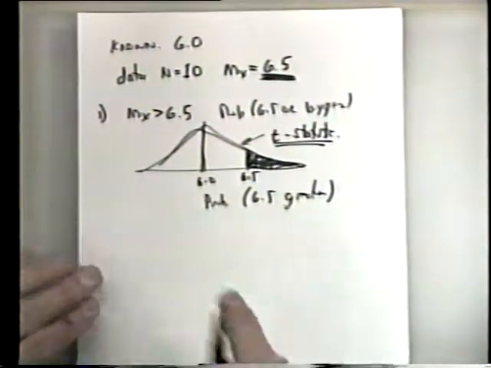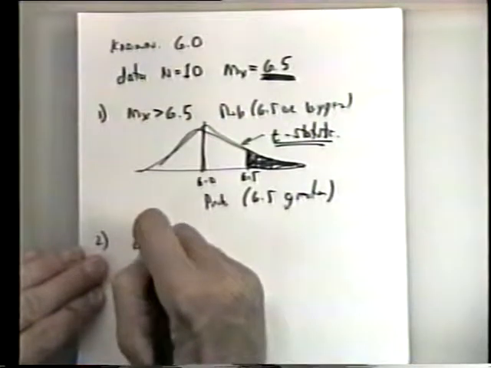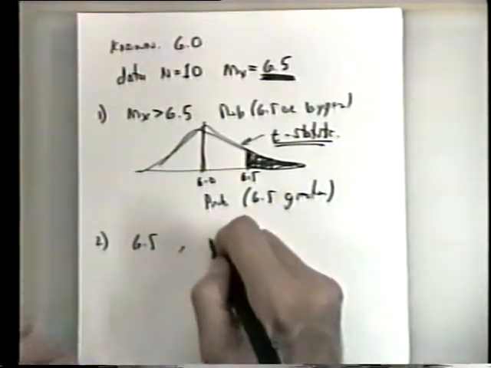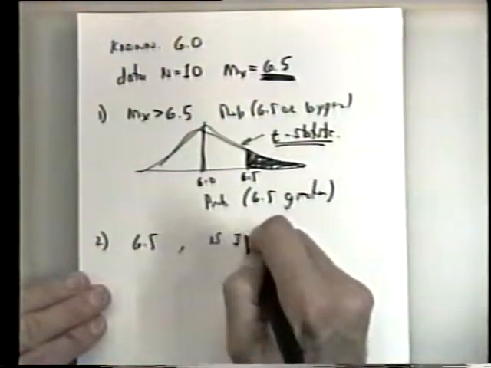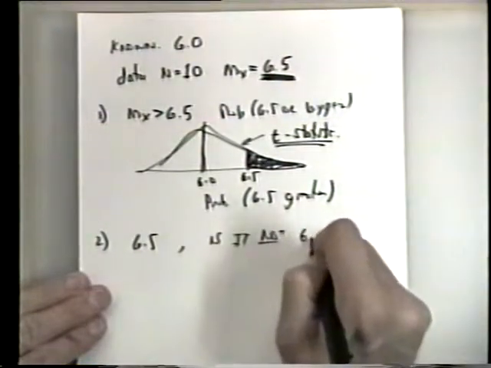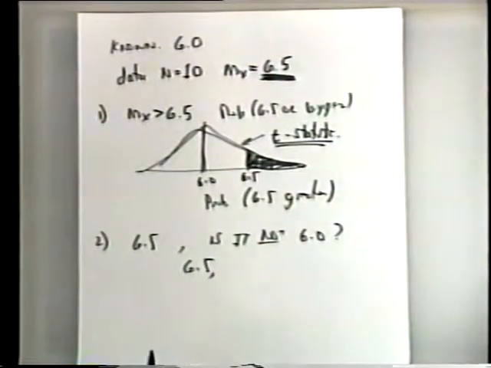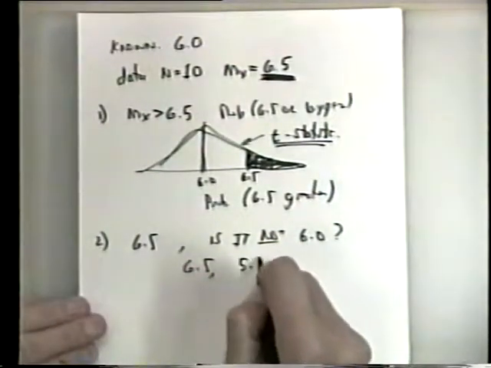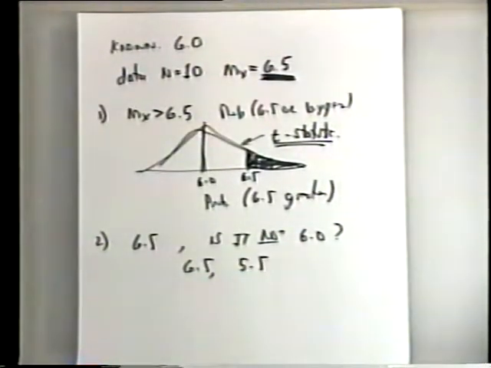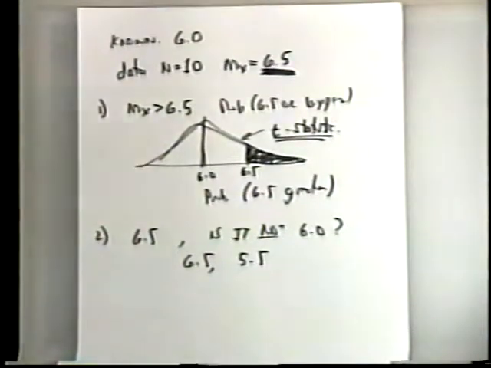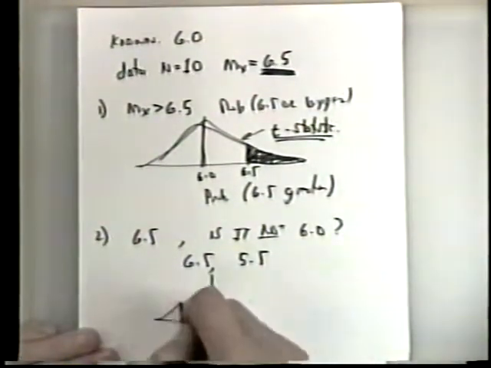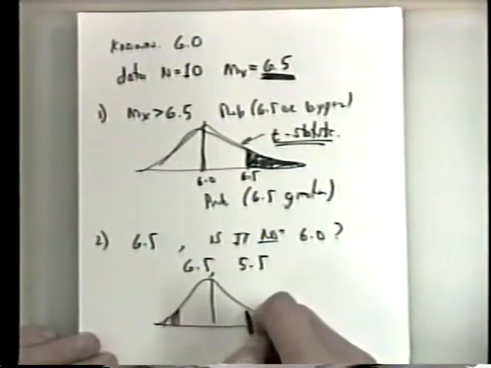The two-tailed test asks a question. We got 6.5, but the question we're really asking, is it not 6? So this time we got 6.5, but maybe if we also would have gotten 5.5, we would also say it's not 6. So the two-tailed test, we have to add the probabilities at both ends.